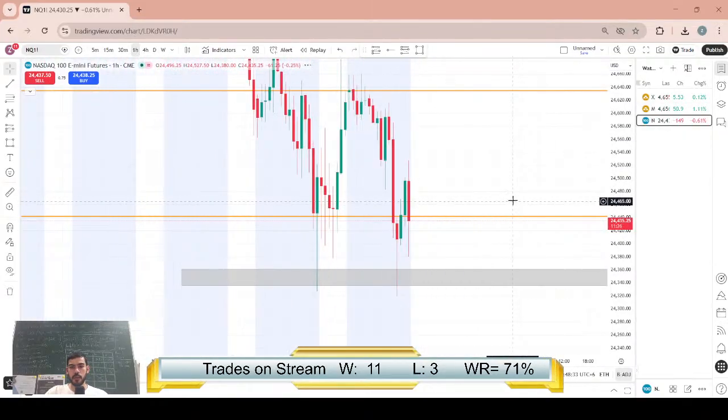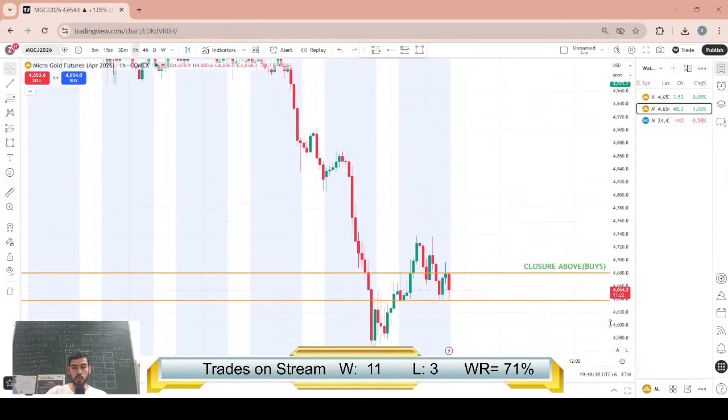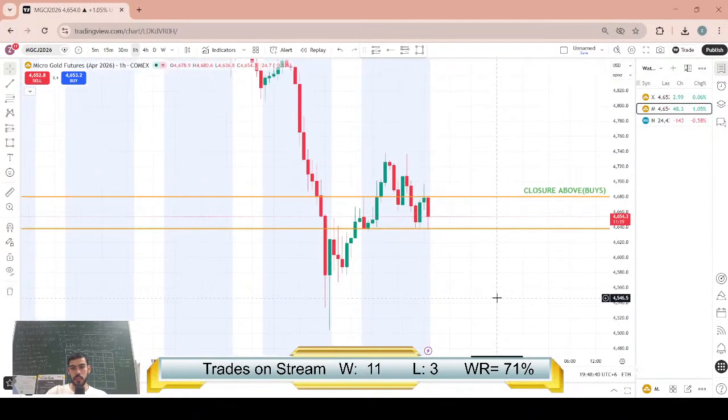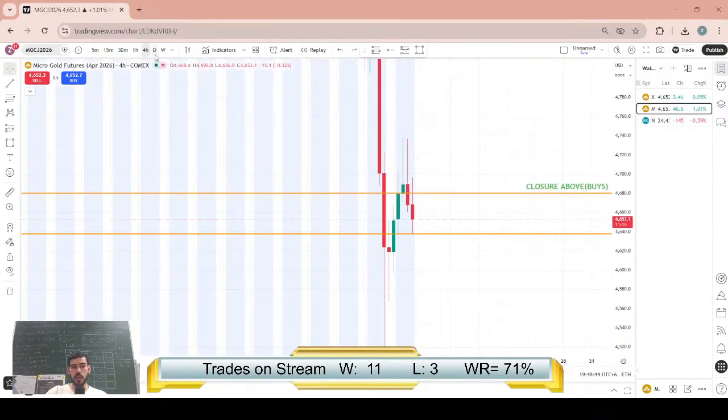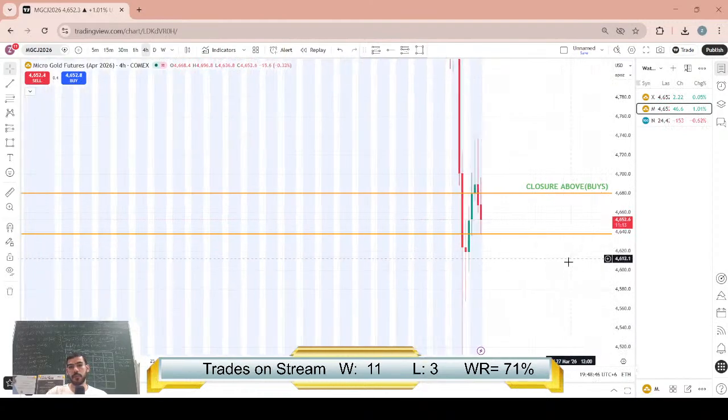But for now, I believe the next 30-minute candle. This 4-hour candle is going to close in 11 minutes.